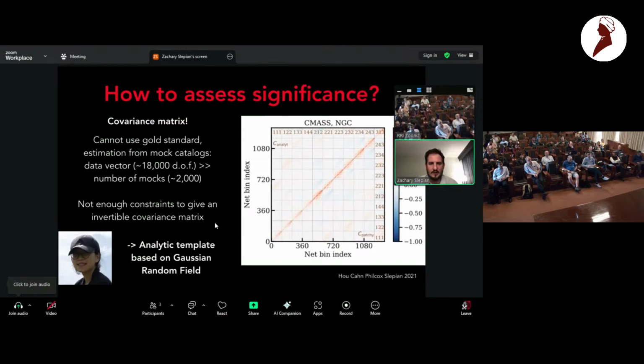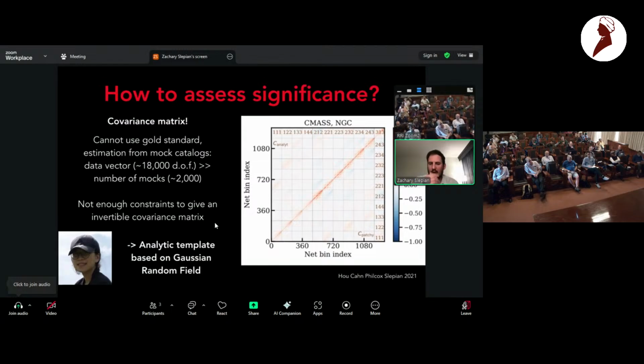But unfortunately, our data vector has 18,000 degrees of freedom, whereas the number of mock catalogs we have for surveys like BOSS and DESI is only 1 or 2,000. And you can't form an invertible matrix from such a small number of mocks relative to the number of degrees of freedom. So we instead use an analytical template based on a Gaussian random field.